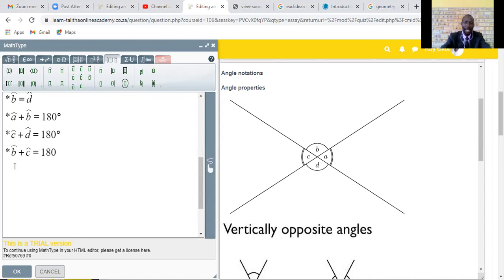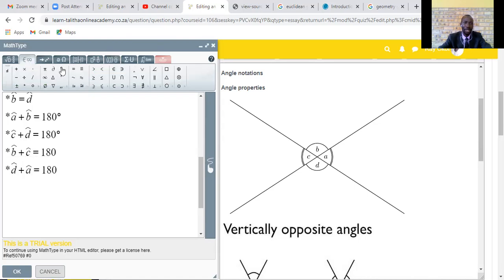Angle D added to angle A should give us 180 degrees. So we say angle D, that is D with a caret, then also A with a caret, should add up to 180 degrees. So there we go. We now put the degree and also one here.